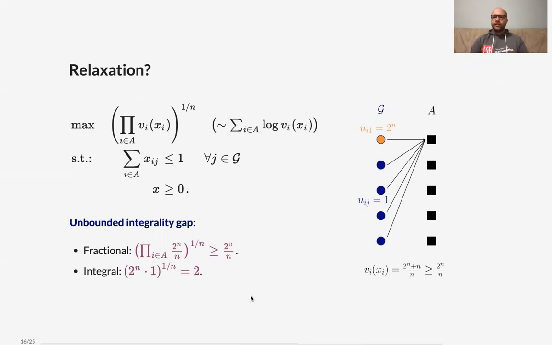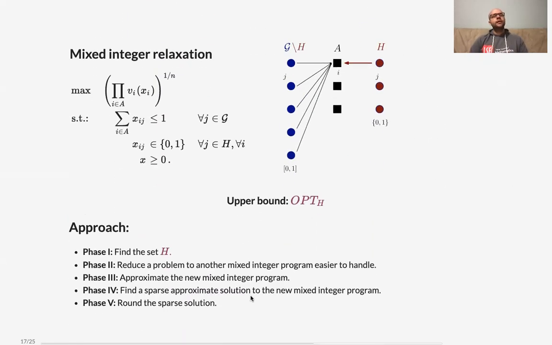So in order to circumvent this unbounded integrality gap, what we use in our approach is a mixed integer relaxation. And in what sense? In our approach, we will choose some set of goods H, and this set will be assigned throughout the algorithm only integrally, and the rest can be assigned fractionally. So this is exactly what is illustrated here.